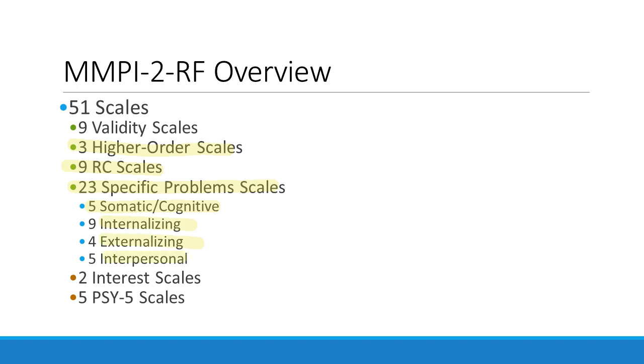So that's essentially the hierarchy: the higher-order scales on top, then the RC scales, and then the specific problem scales. In parallel to this hierarchy, we also have 2 interest scales and 5 personality psychopathology 5 scales. The latter are viewed as dimensional measures of personality pathology and map directly onto the personality trait domains in the DSM-5's alternative personality disorder model.